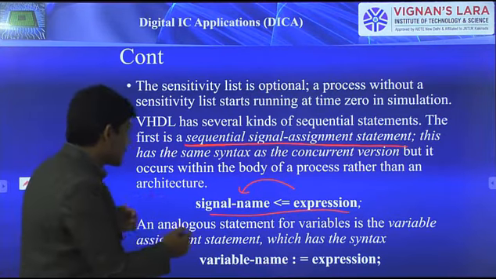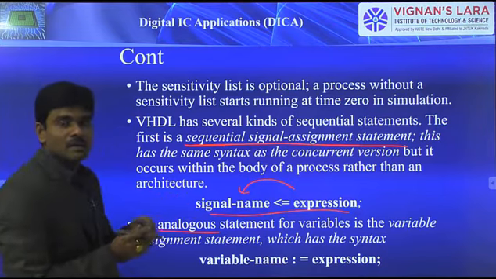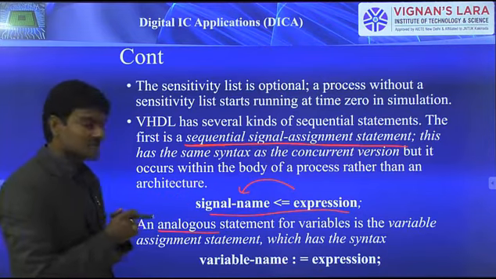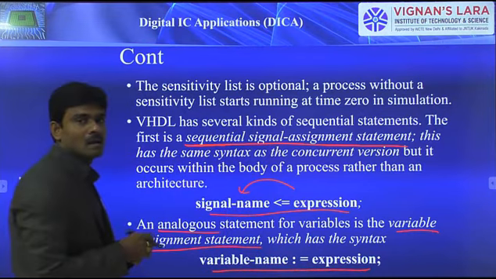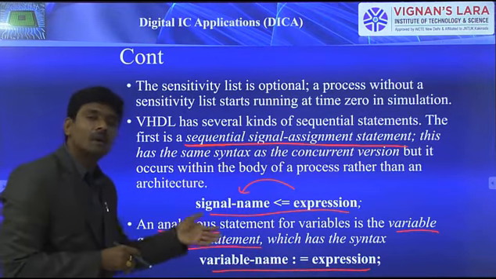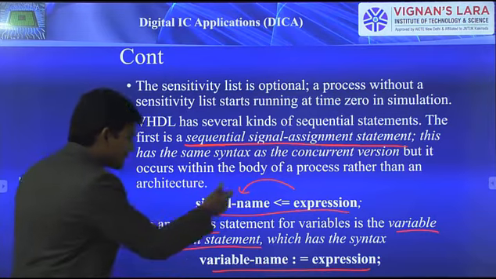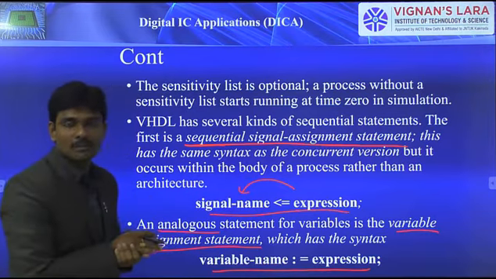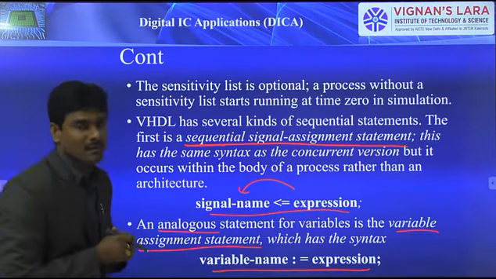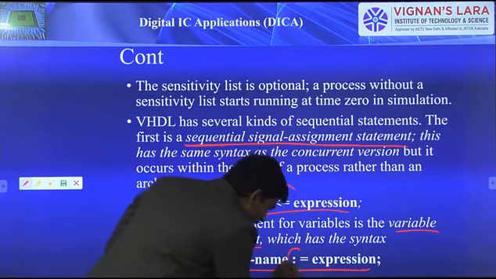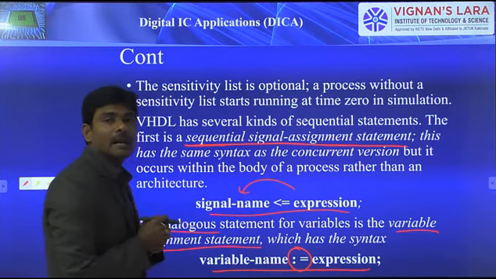Next, analogous to that one is the variable assignment statement. The syntax for that one is like this: variable name colon equals to expression. Everything is the same as the previous one, but the difference is here signal, here variable. And one more main difference you are supposed to identify is the assigning operator.